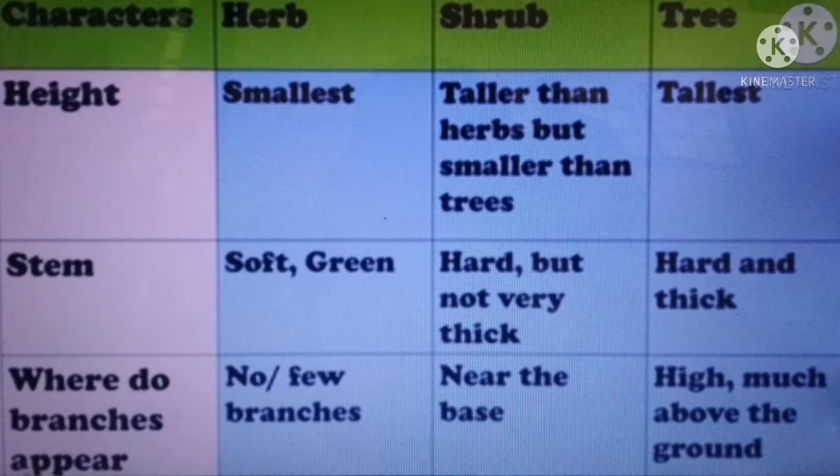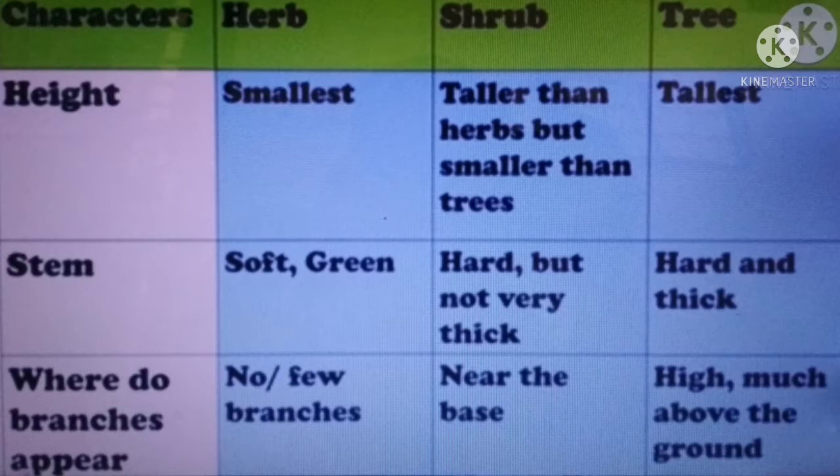And also the tree has a very tall height. If we compare the stem, the herb is very tender, very soft, and also green. But in the shrub, it is hard but not very thick, isn't it? And what about the tree? The tree is hard and also very thick. Okay, these are all the very brief differences between the herb, shrub, and also tree.